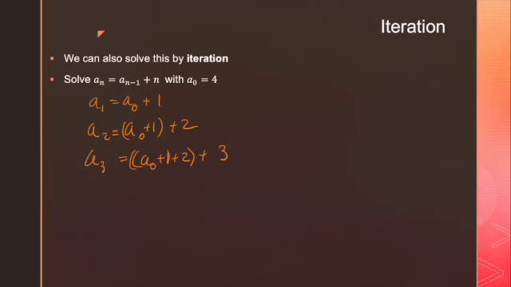And this goes on and on until a sub n. That gives me a sub 0 plus 1 plus 2 plus 3 plus ... plus n minus 1 plus n.